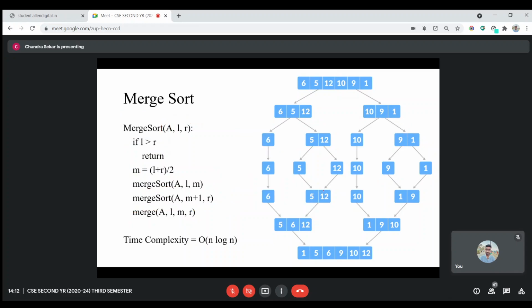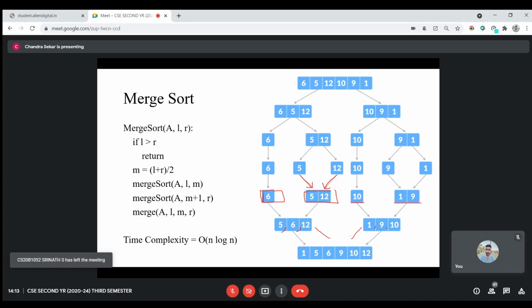Then the merge process will happen. When they are getting merged, they will be merged in the sorted order. So 5 and 12 will be merged into 5 comma 12. 6 and 5, 12 will be merged as 5 comma 6 comma 12. So when they are merging, they get sorted. Similarly here, 10 and 1 comma 9 will be merged as 1 comma 9 comma 10.